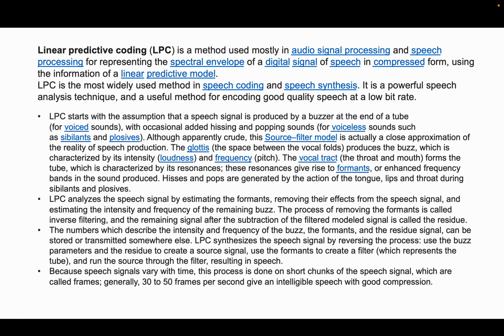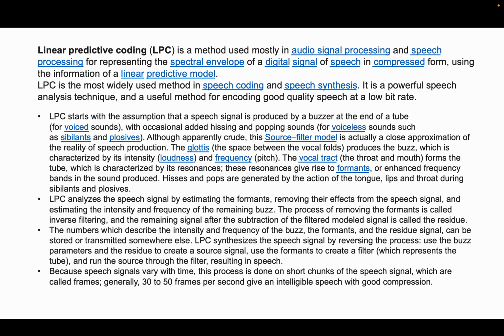When you remove the formants, this is called inverse filtering, and the remaining signal is called the residue. So the numbers that describe the intensity and the frequency of the buzz, the formants, and the residue signal can all be stored or transmitted somewhere else.